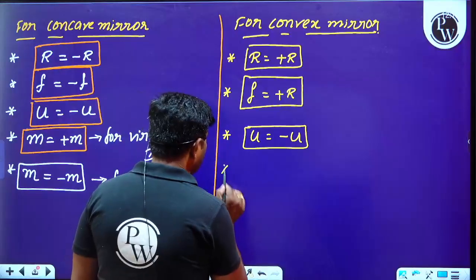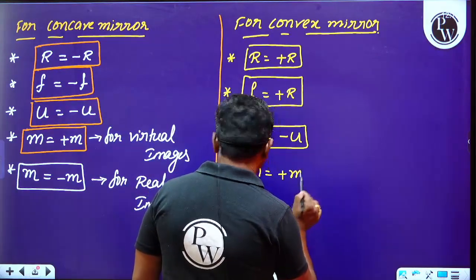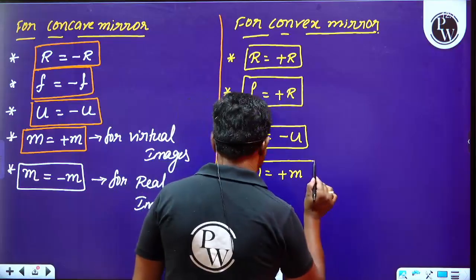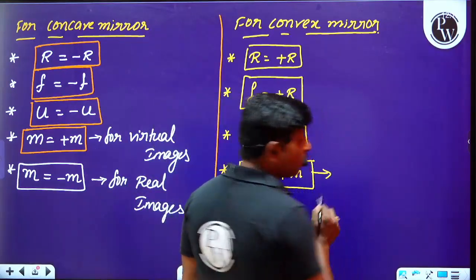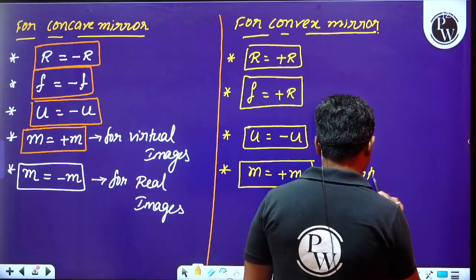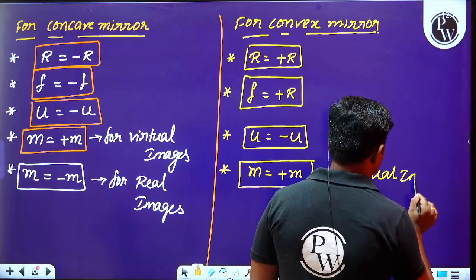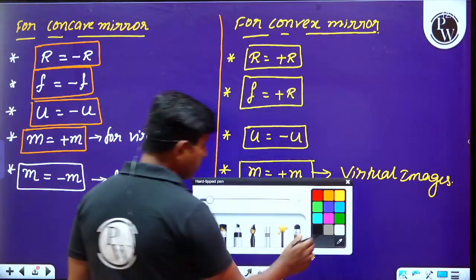And later we can go with the magnification. Magnification is always plus m, because a convex mirror always forms virtual images. Is it clear? So like that, we have to think about each and every point.